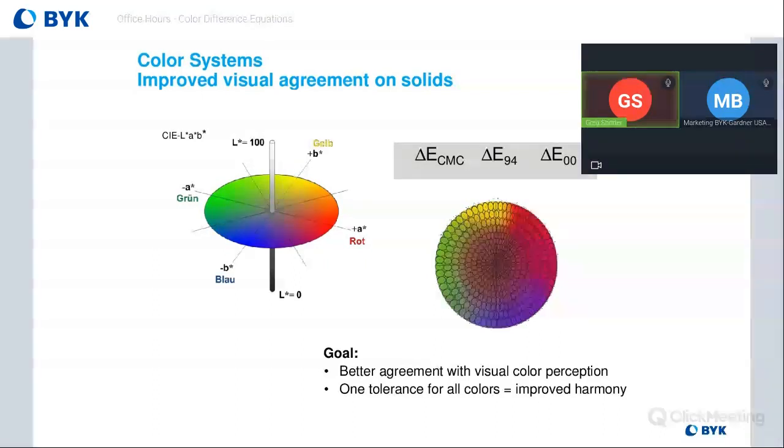D50 has been used in the printing industry, and there's not a lot of multi-angle color measurement going on in the printing industry. So D65 definitely is the go-to viewing condition, and therefore the standard illuminant in the BYK-mac.